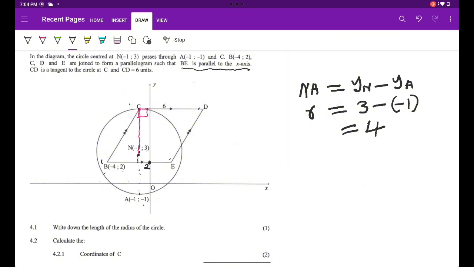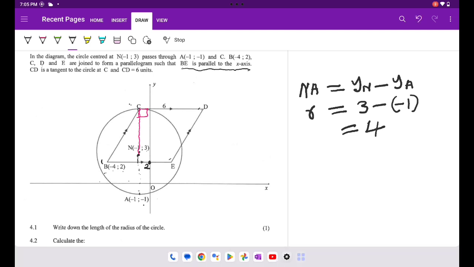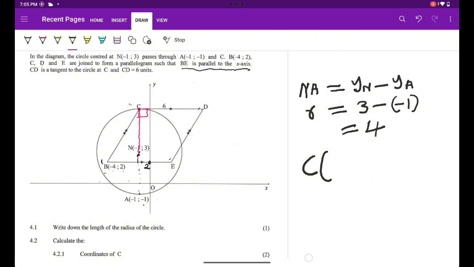Now let's go to question number 4.2. The coordinates of C. Now we want the coordinates of C there. As I have explained already, you can see this line is perpendicular to that, so it means we have the same x value there.